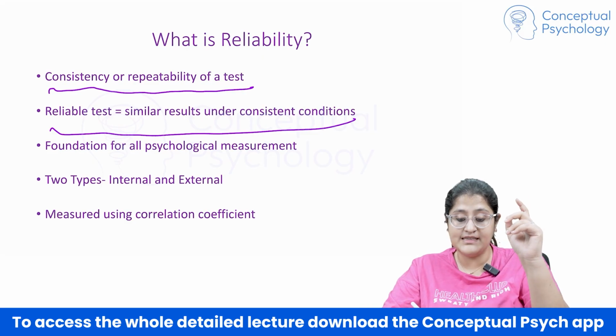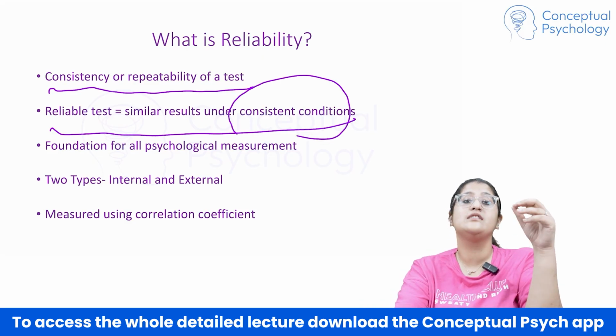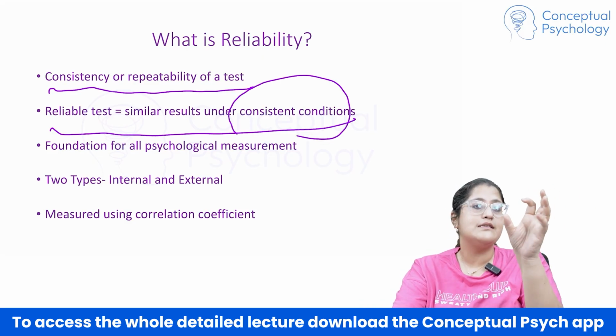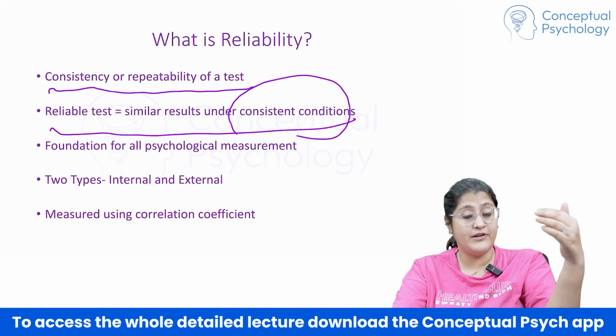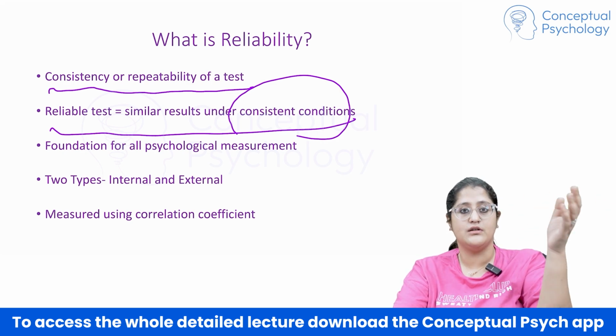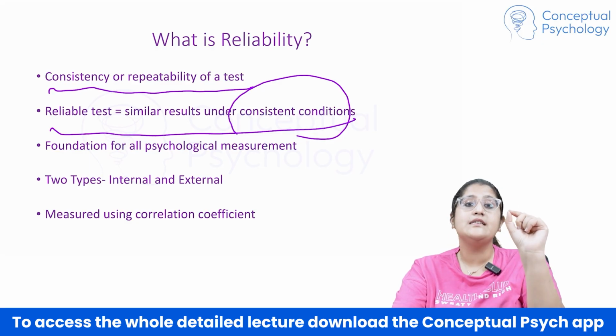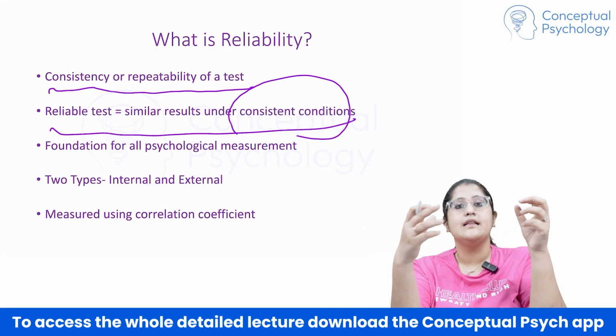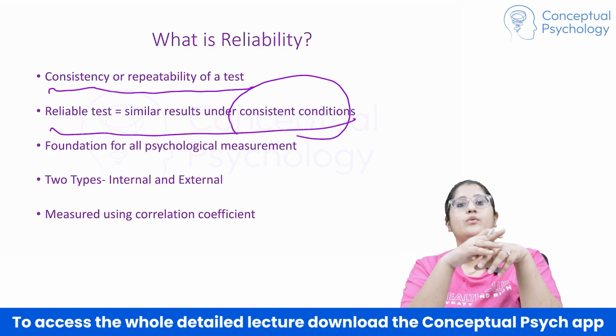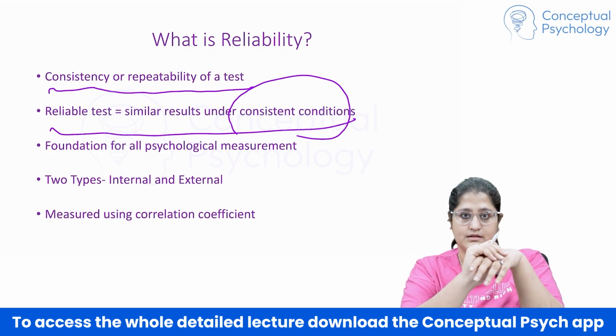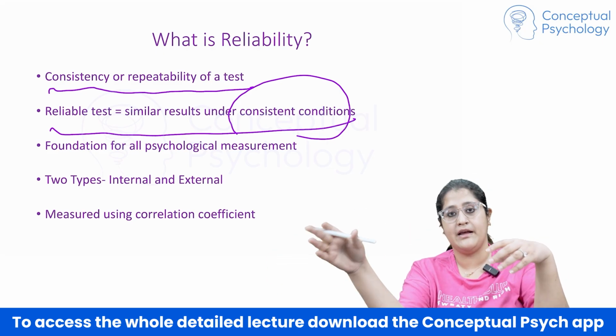Again, reliable tests give similar results under consistent conditions. Now, what are consistent conditions? You must have noticed I've been using the phrase consistent conditions since the start of the lecture. Consistent conditions means that the conditions in which the test is administered remain the same.